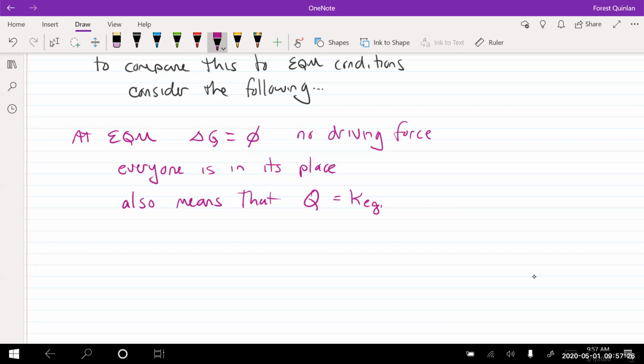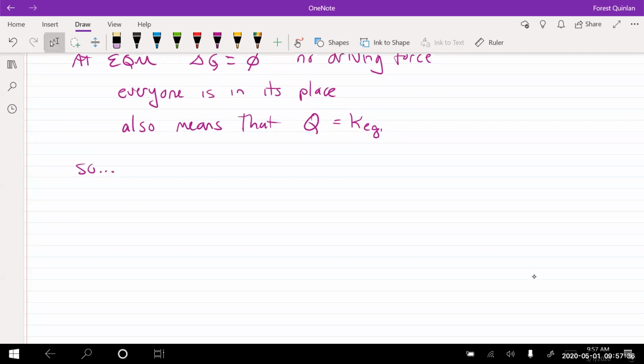So, if that's the case, and delta G is equal to delta G naught plus RT ln Q, and we go to equilibrium, then delta G becomes 0, right? We're going to go to equilibrium.